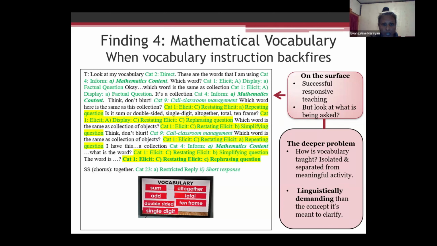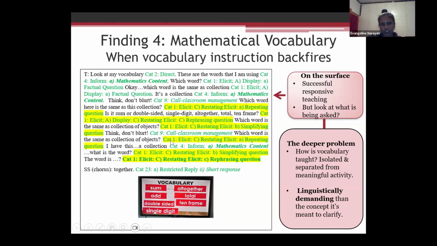So here the teacher poses the question, which word is the same as collection? Here the teacher expects the students to identify a synonym from the list that she has provided, as you can see.